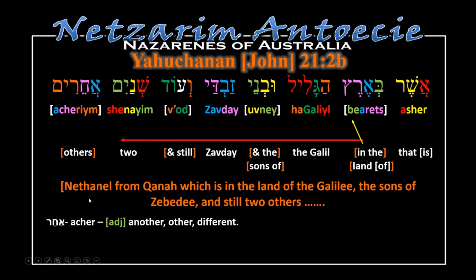So in English, Natanel from Cana, which is in the land of the Galilee, the sons of Zebedee, and still 2 others. And I've given you acher, which as an adjective means another, other, or different.